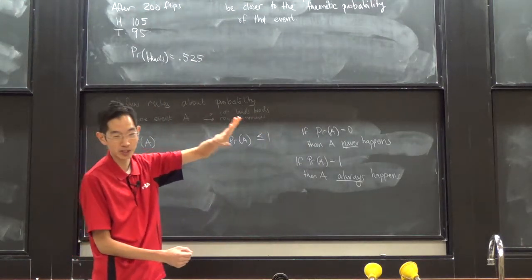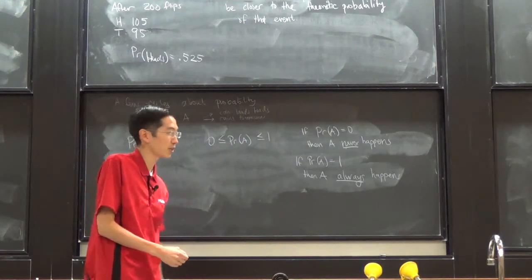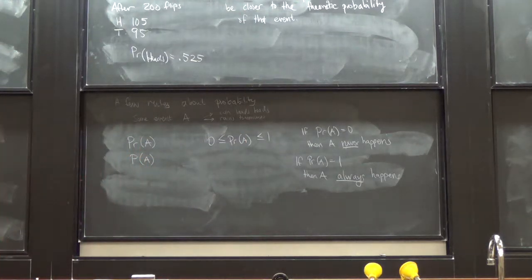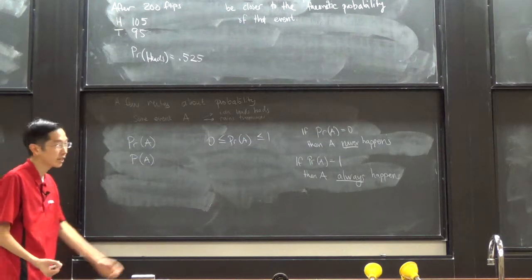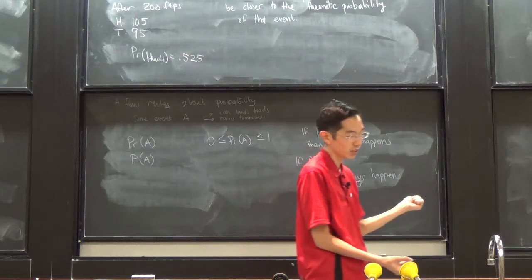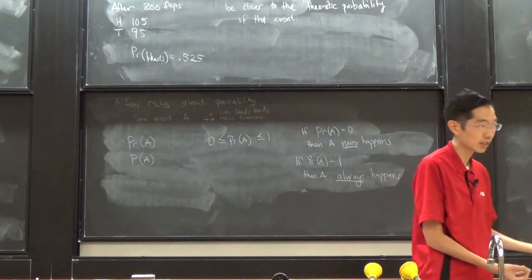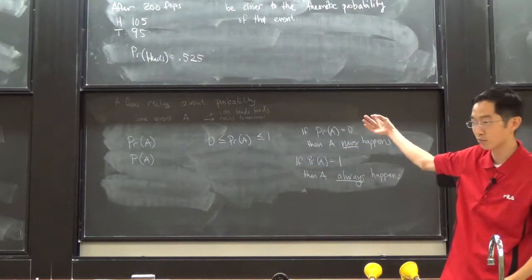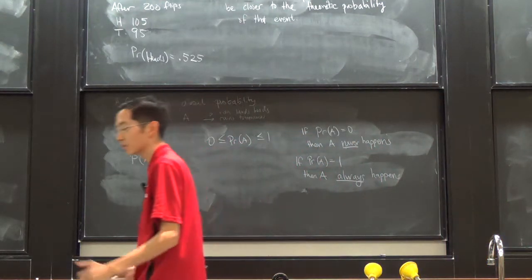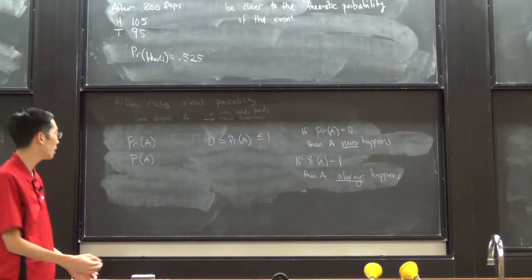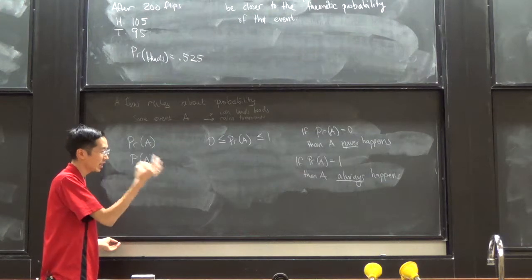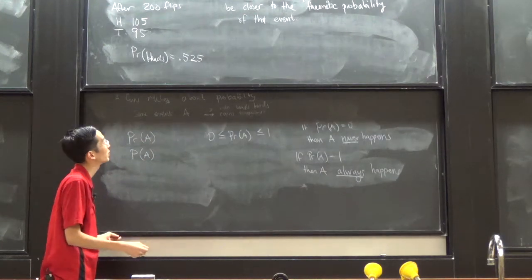Generally, that would mean the coin lands tails, but it could also be that the coin was eaten by an eagle while it was in the air or something, okay? So if A is the probability that the coin lands heads, the complement of A would be the coin does not land heads. If A is that it rains tomorrow, the complement of A would be it does not rain, okay? So the complement of some event is the event where that thing does not happen.